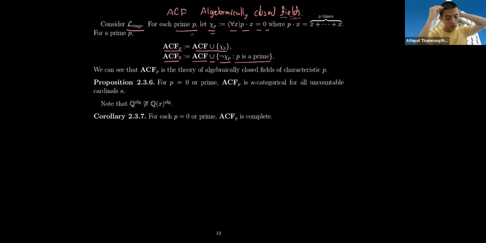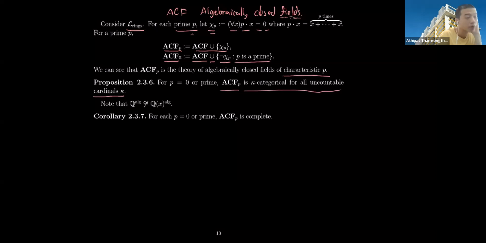Okay, so we can have that ACF_p is the theory of algebraically closed fields of characteristic p. And we can show that ACF_p is kappa categorical for every uncountable kappa.